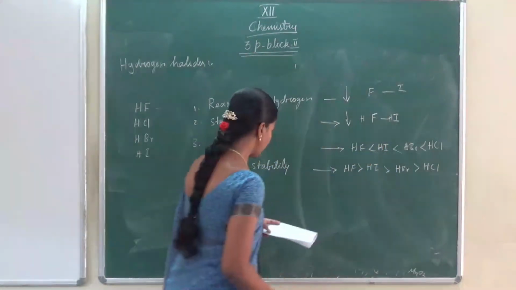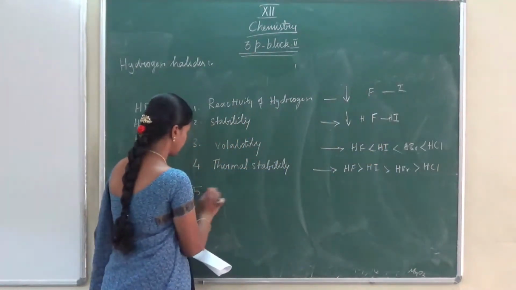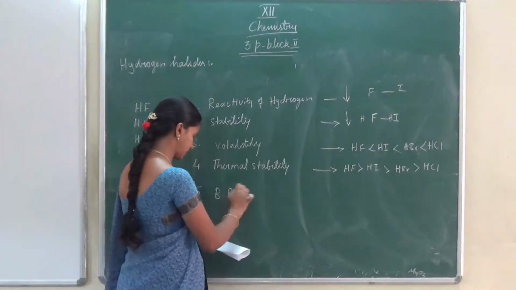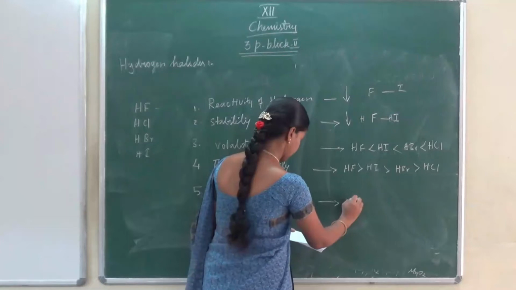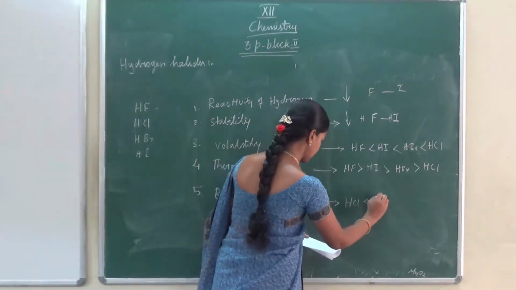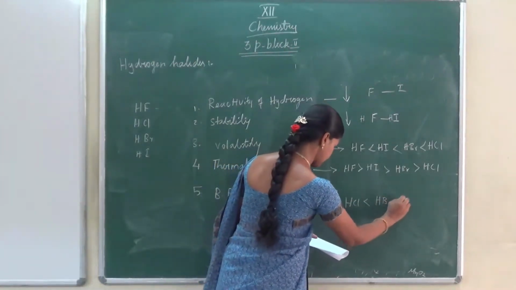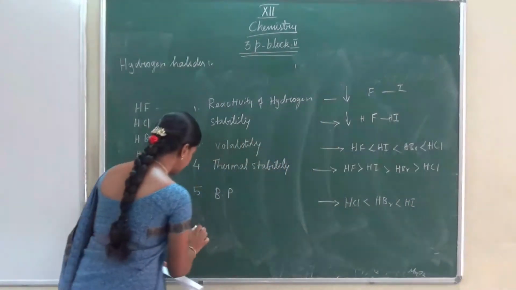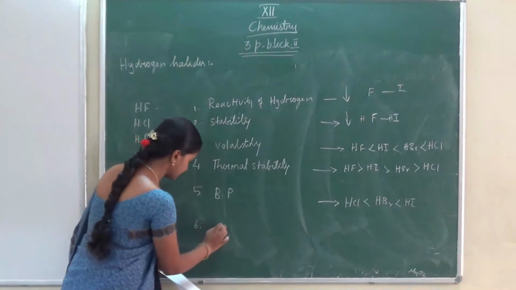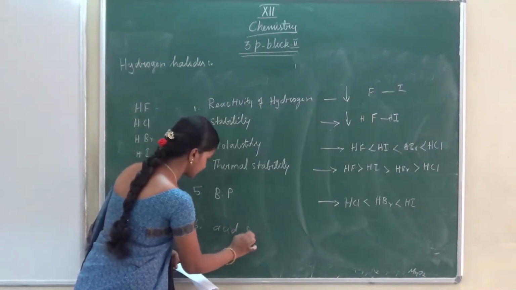Then the boiling point. HCl will have the lowest, then HBr, then HI, and HF will have the highest boiling point. Then the acid strength, which we have discussed in our lesson.